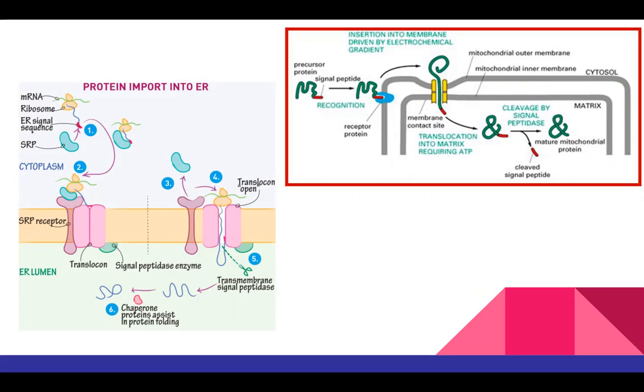The signal, which is on the N-terminus, gets cleaved by signal peptidase. The protein enters the organelle in an unfolded state, unraveled, kind of like spaghetti, and then the chaperone protein assists in folding it correctly, so it becomes folded while inside the ER.